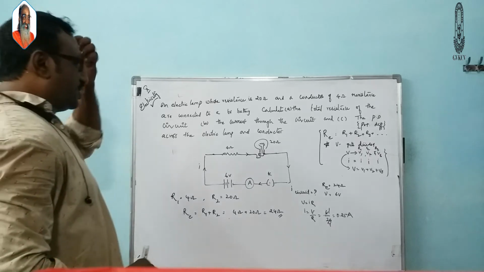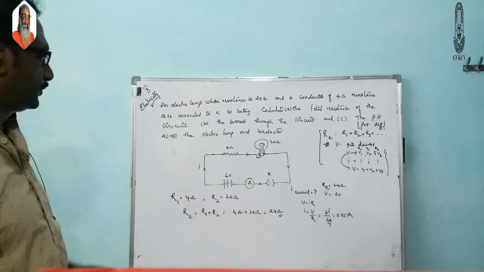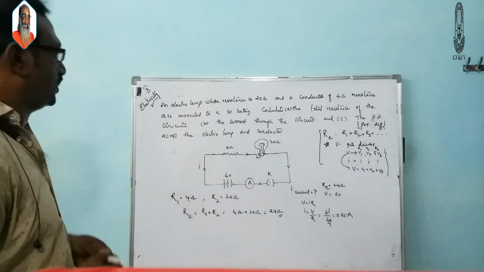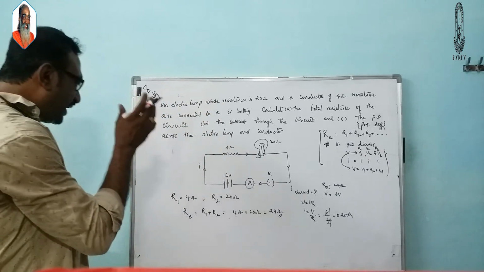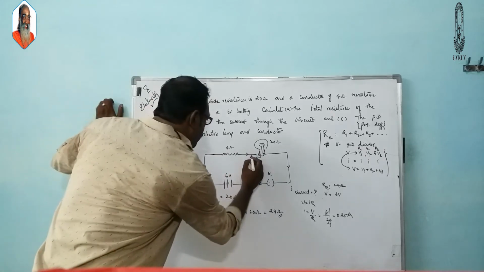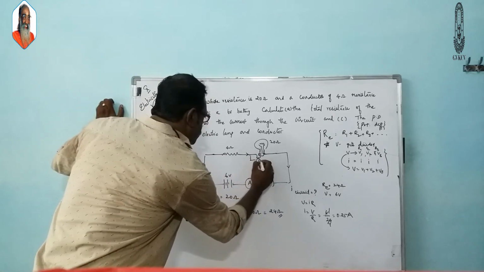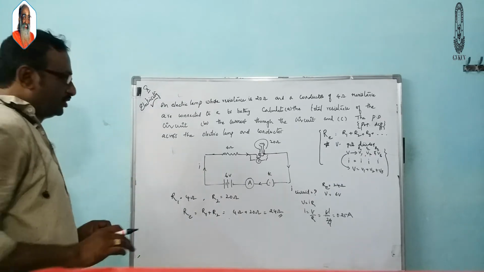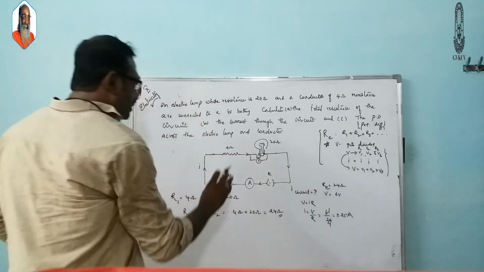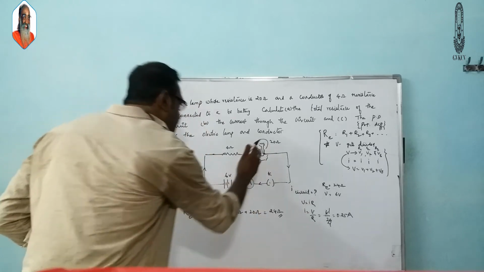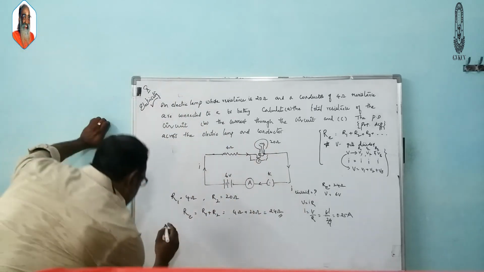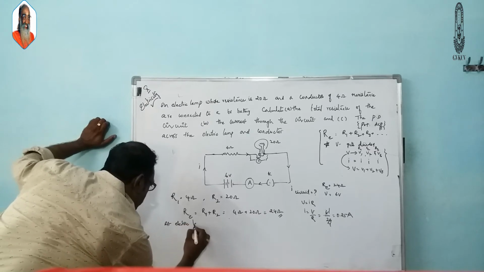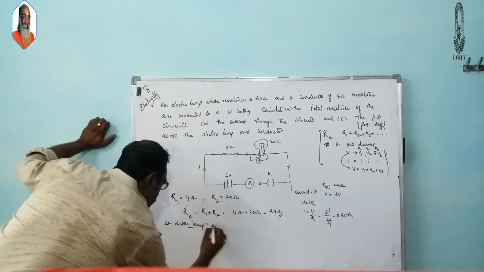Okay, next coming to the third one, the potential difference across the electric lamp and the conductor. What is the potential difference across the electric lamp? For finding the potential difference across the electric lamp, you have to keep in mind what is the resistance here and what is the current there. So at the electric lamp, what is the current?